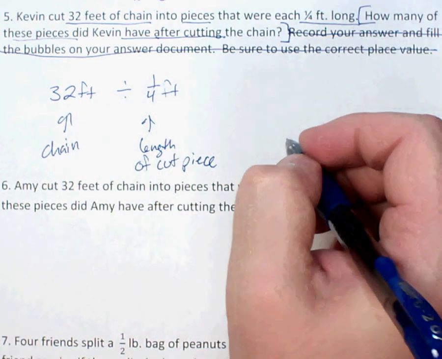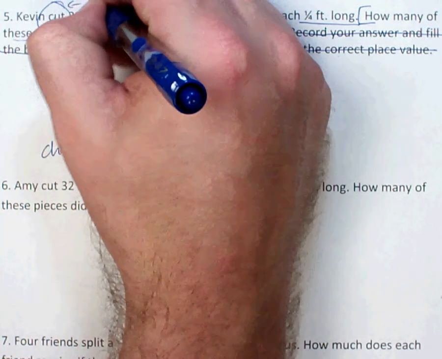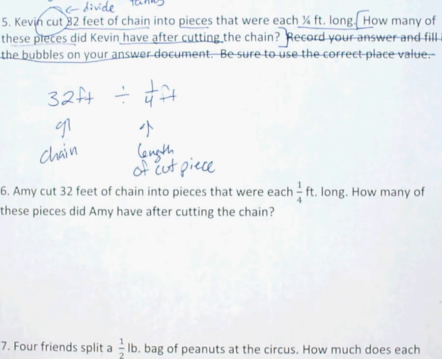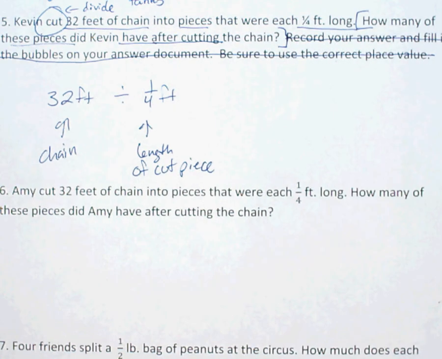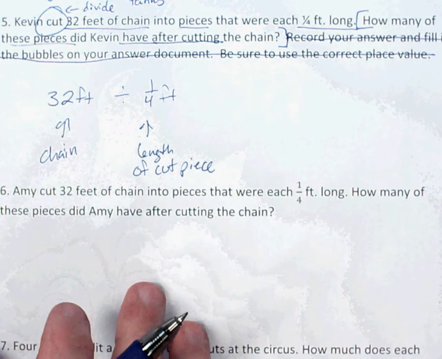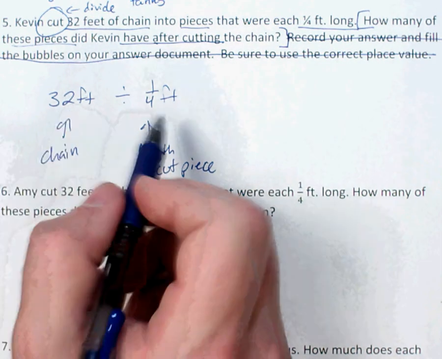And when we see this keyword cut, it's usually going to tell us divide. Just kind of as a little extra note, if we're cutting things up into pieces, pieces also will be a hint. All right. Now this one is similar to number 1, where we've got a whole number that we're dividing by a fraction.